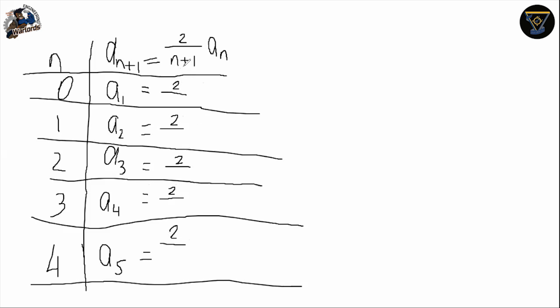And now we're going to put 0 for n. So it's going to be 0 plus 1, which is just what? So 0 plus 1. Wait, sorry, I made a mistake.